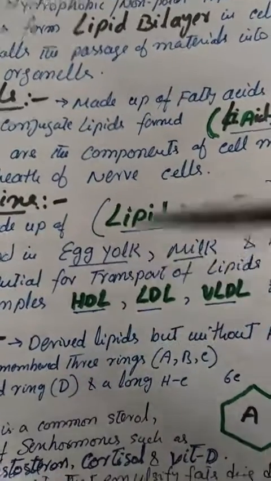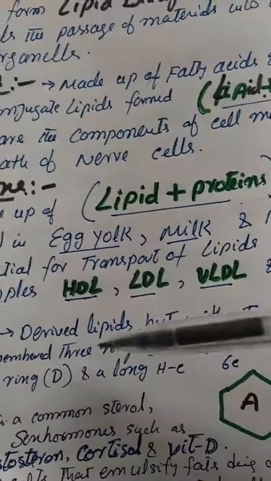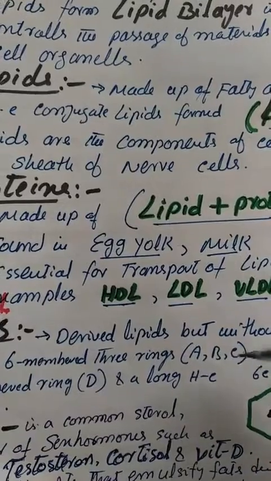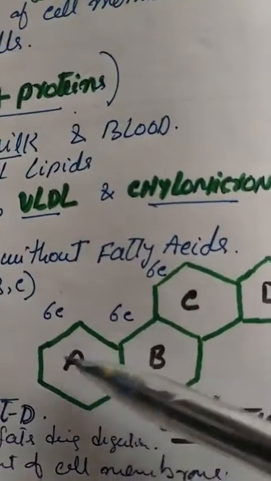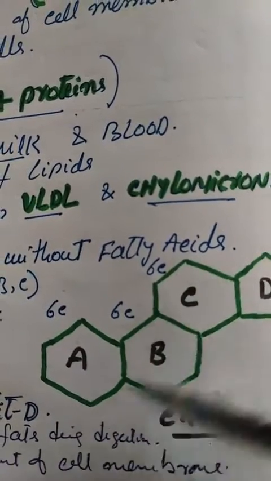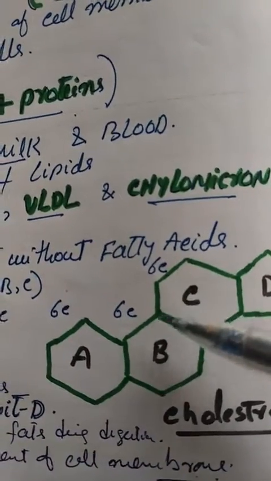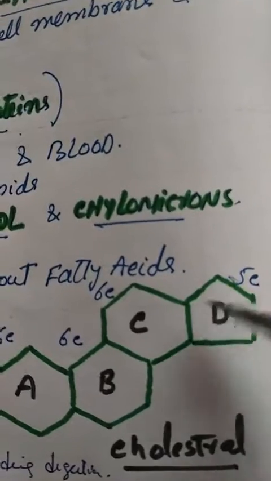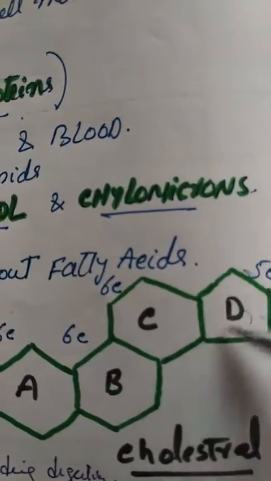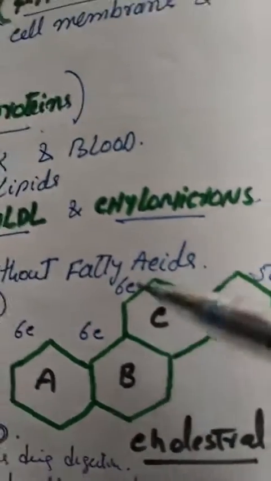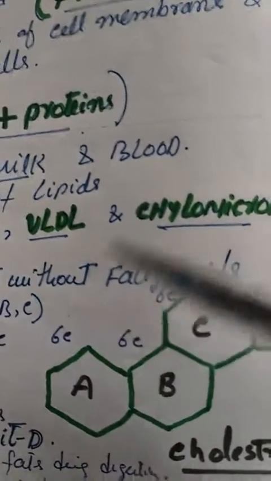They consist of 3 six-membered rings A, B and C as seen in this sketch, and one 5-membered ring denoted as D, and a long hydrocarbon side chain.